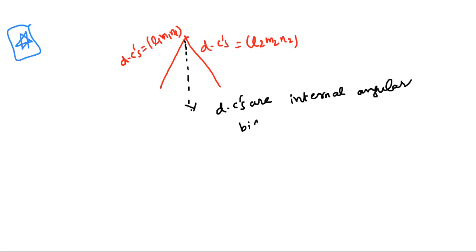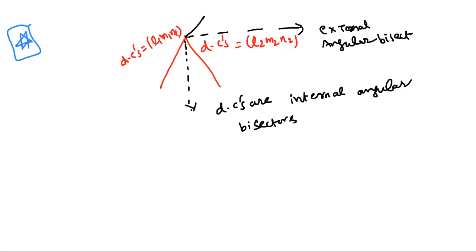Now if you recollect vectors, this is the external angular bisector. Recollect vectors: I have given you N1 cap here, N2 cap here, internal.